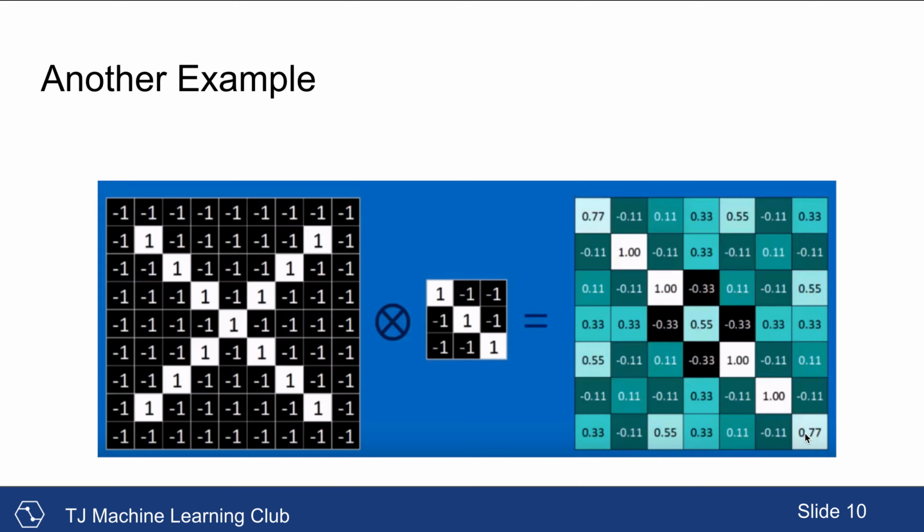That's where it's most highly activated. And that's because those pixels match what was going on in the kernel, right? So that's where it's most similar. So that's essentially what the convolution operation is doing. Based on what the kernel is, it'll try to find areas of the image that are most similar to it.